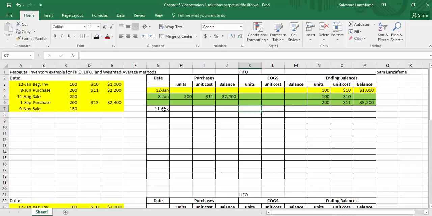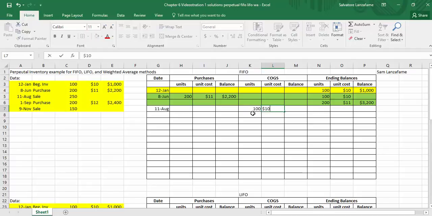I want to sell the first 250 because the first ones in are the first ones out. Out means sale, sold. I've got 300 there, and I want to sell the first 250. So I have to take the 100 at $10.